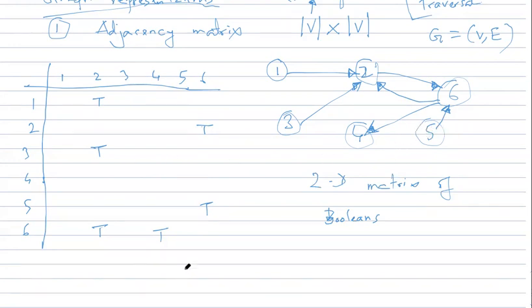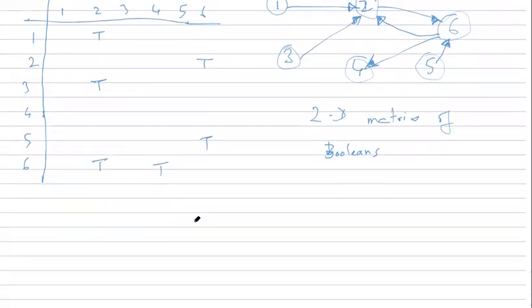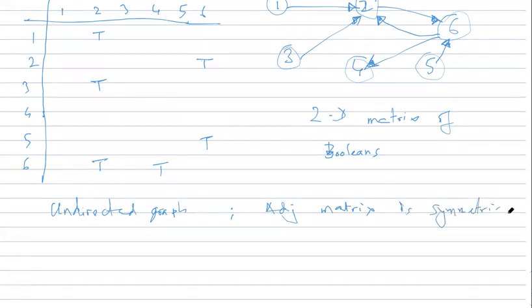As you would imagine, this is a directed graph example. In an undirected graph, the adjacency matrix representation is going to be symmetric. Why?